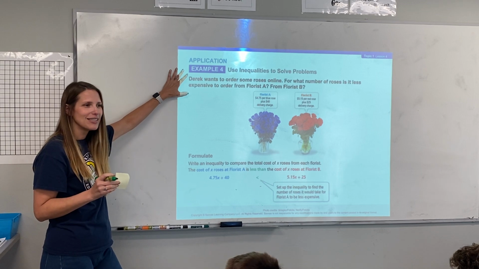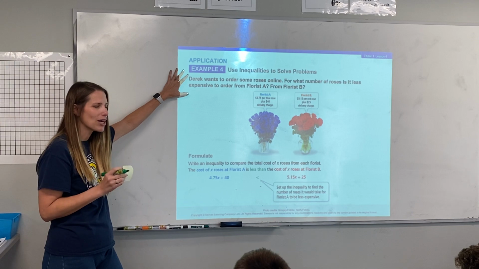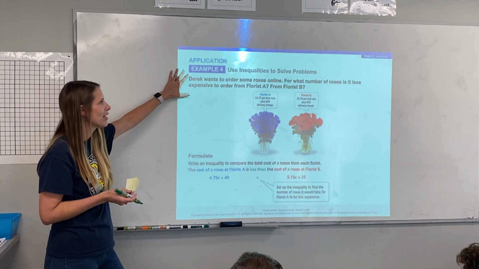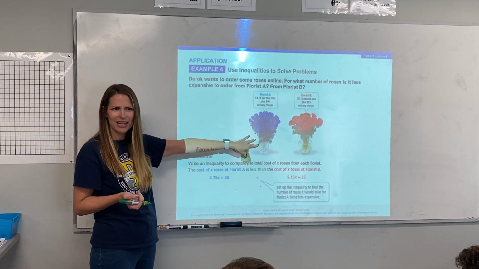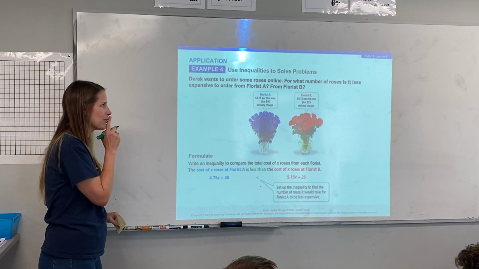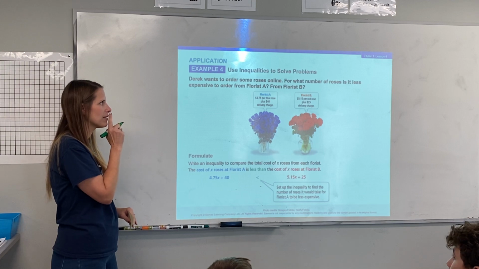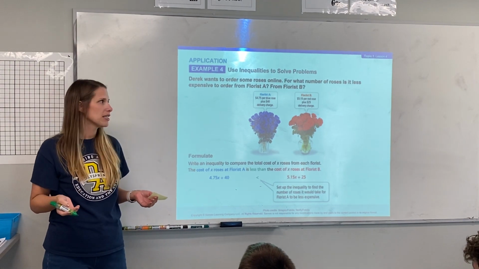So he wants to buy roses for his girlfriend, to impress her. But he's poor, and he wants to find the best deal. So he wants to order roses. Has anybody ever seen blue roses before? Yes, they're so pretty. Stay with me. He's buying these roses online and he sees a couple of different options.